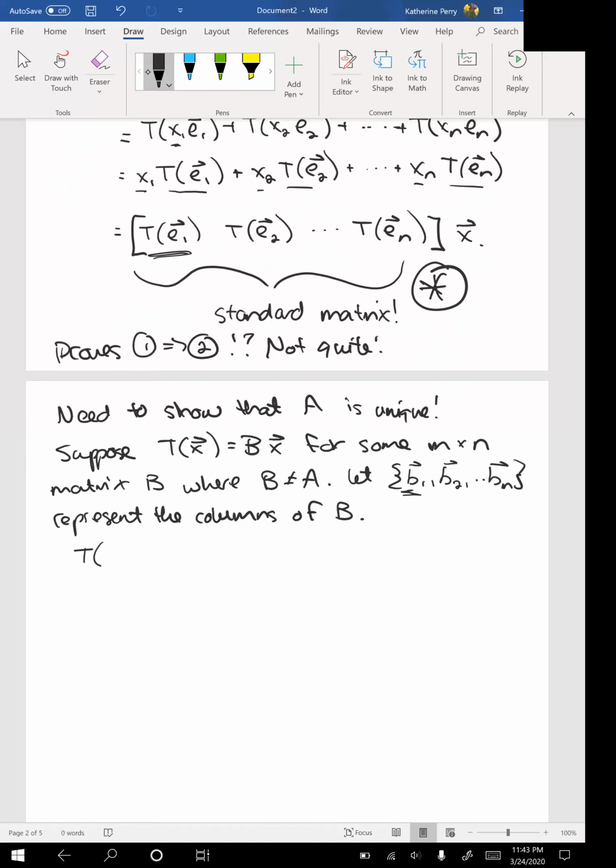So let me put in this vector, the standard basis vector E1, which we know is our first column in A. So if I do my transformation, up here I just said that my transformation is equal to B times X. So if this is acting like my X, then this is going to be equal to B times E1.